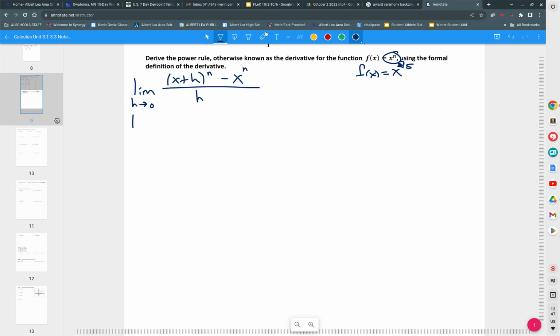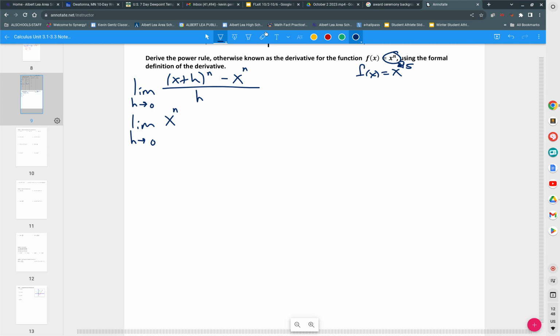Okay, so what do we do? Limit as h goes to 0, x plus h to the nth. That looks really complicated. Do you agree? Multiplying that out n times, I don't really know what that would look like, but I do know the first part, right? What would the first part be? X to the nth power.